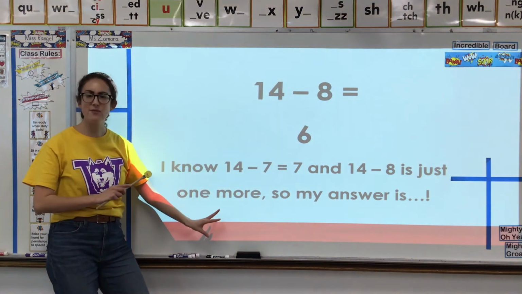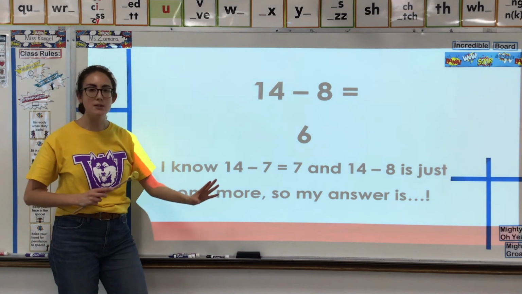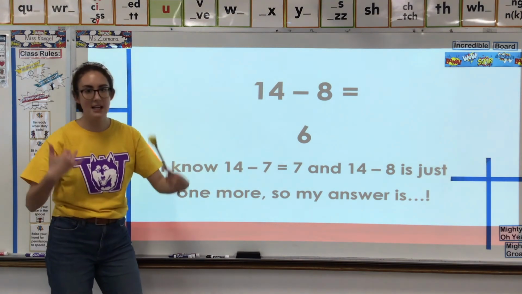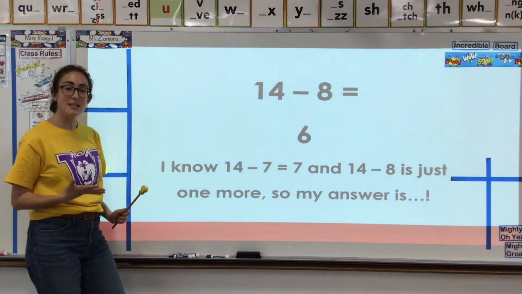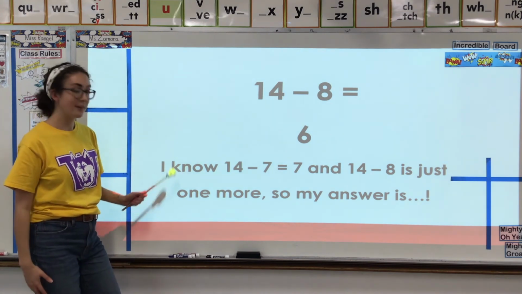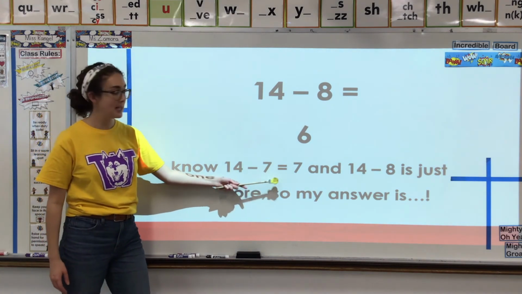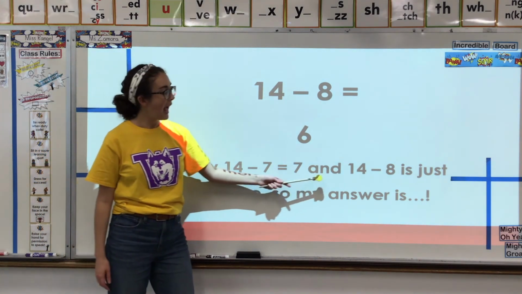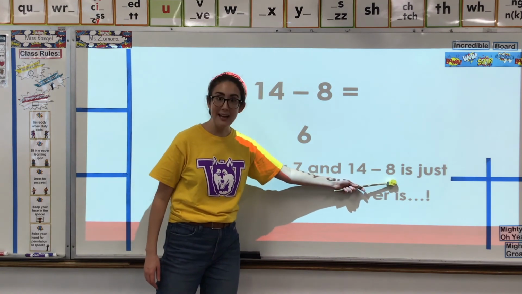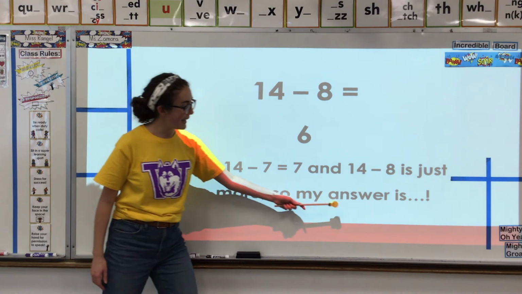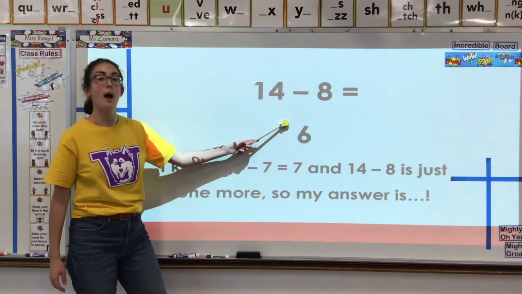Can we say this final one nice and loud all together before you practice on your own? We solved this problem by, I know 14 minus 7 equals 7, and 14 minus 8 is just 1 more, so my answer is 6.